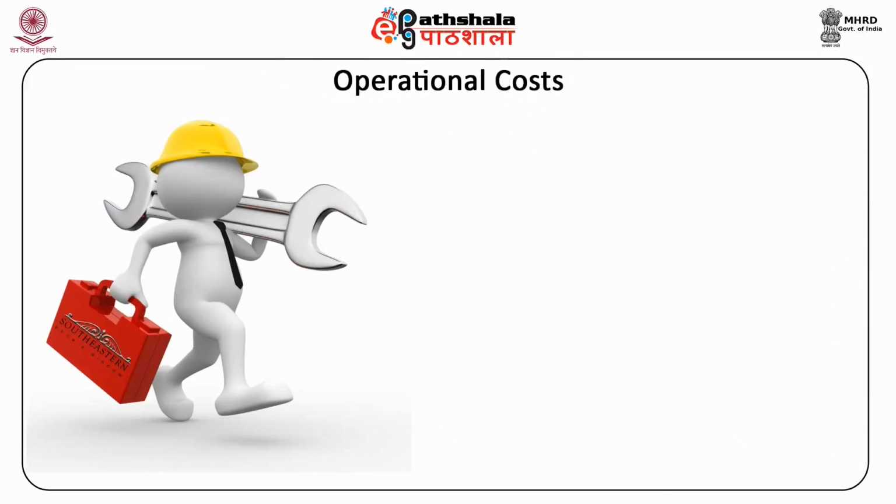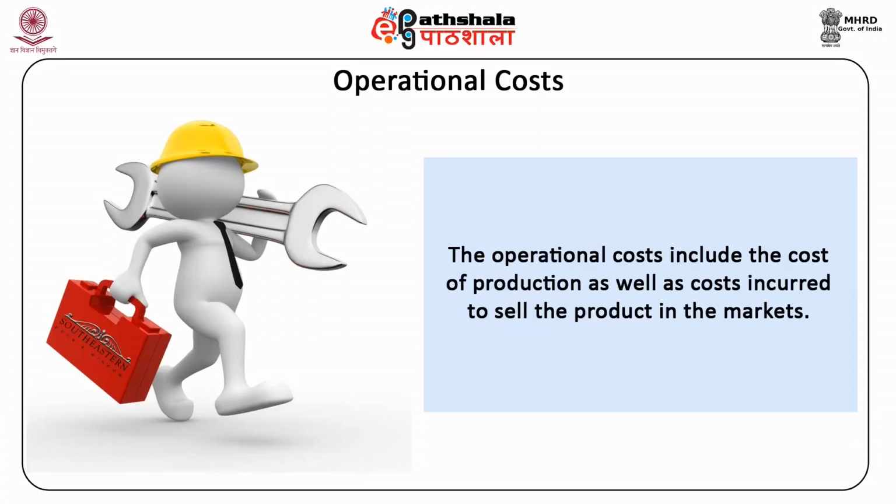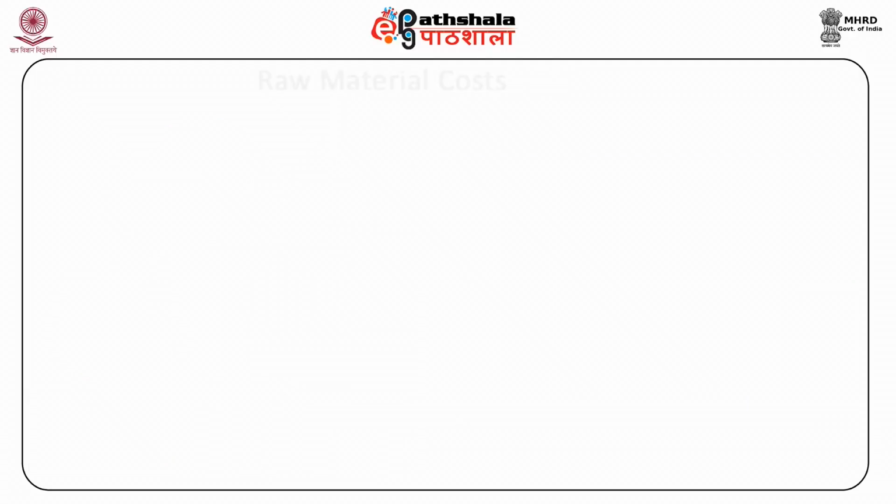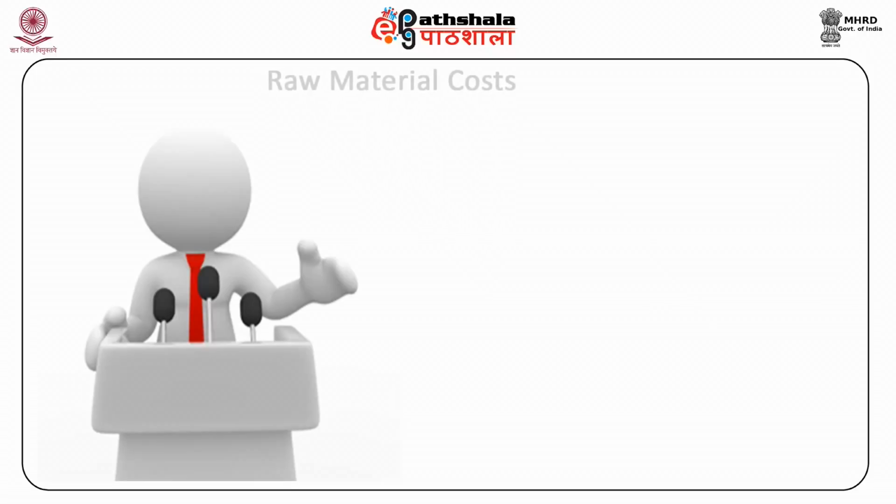Operational cost. The operational cost include the cost of production as well as cost incurred to sell the product in the markets. The various types of cost associated with the operations of business are as follows. Raw material cost.